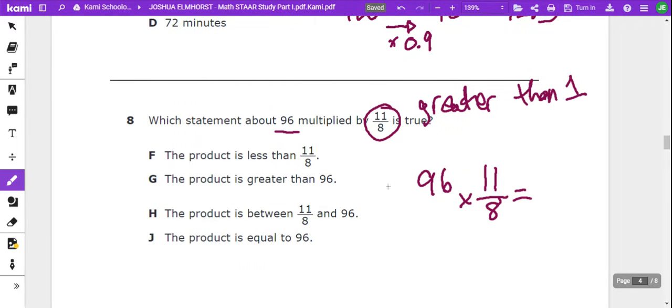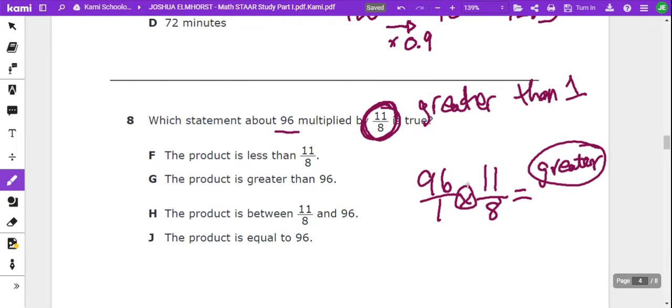So after you multiply, then the product should be greater. You can multiply to see if it's true, but the concept is just noticing that if you multiply by a number that's greater than 1, then your product is going to be greater. Multiplying is going to make it greater.